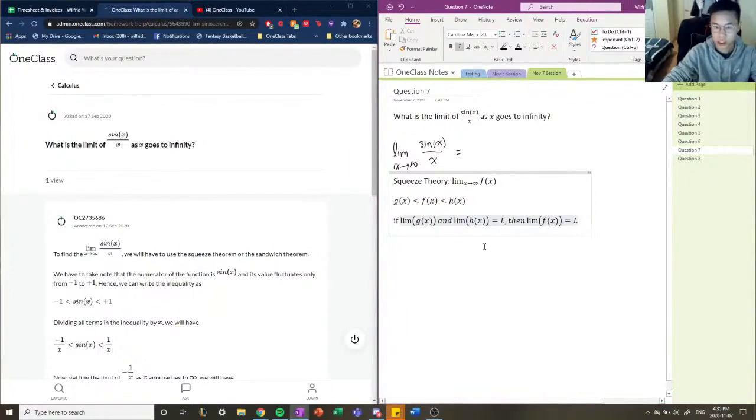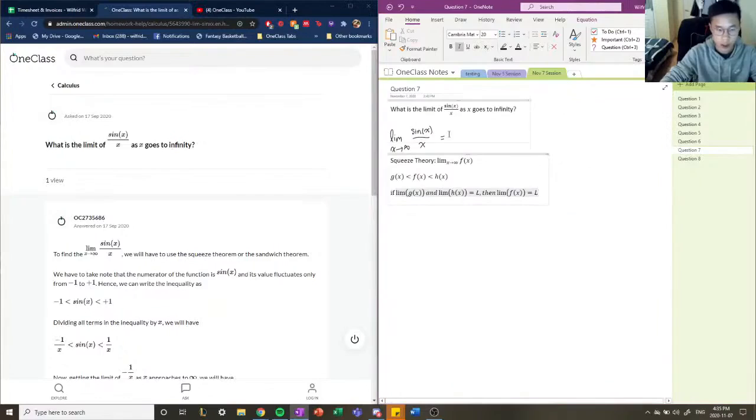So this is what the squeeze theorem suggests, okay? We can use this theorem to help solve this limit, right? Because this is a very complicated limit and we can't just use substitution of infinity, we can't use conjugation, we can't use algebraic properties to try to simplify this limit, okay?